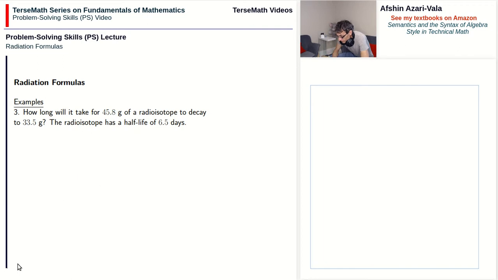As a variation, how long will it take for 45.8 grams of a radioisotope to decay to 33.5 grams? The radioisotope has a half-life of 6.5 days. Now we can use this formula in place of the 2 that we used earlier.